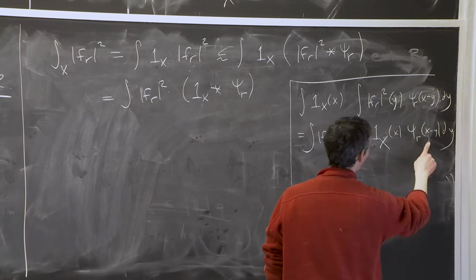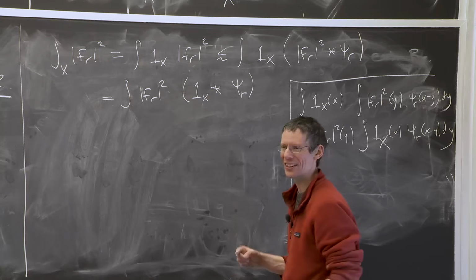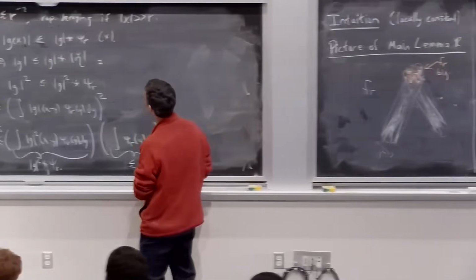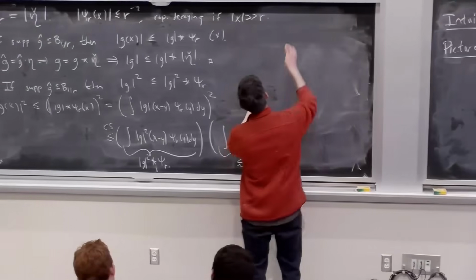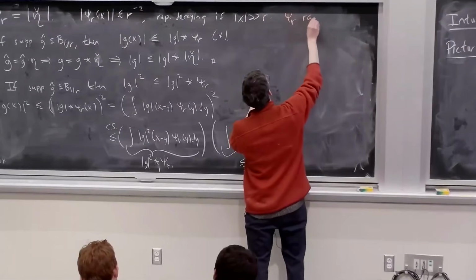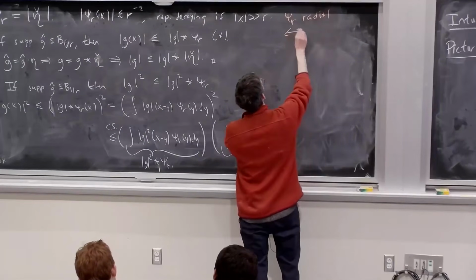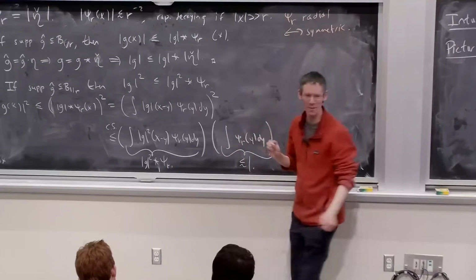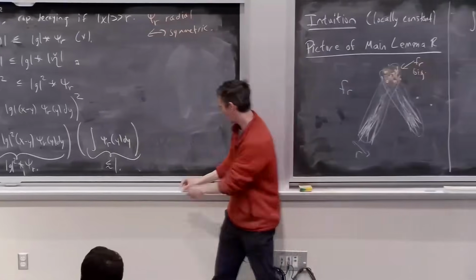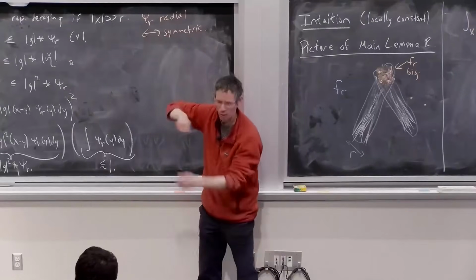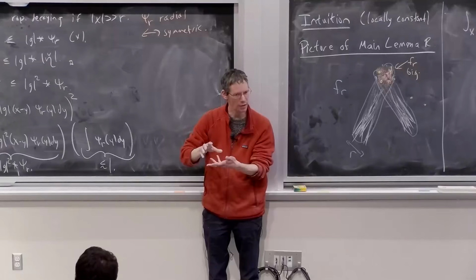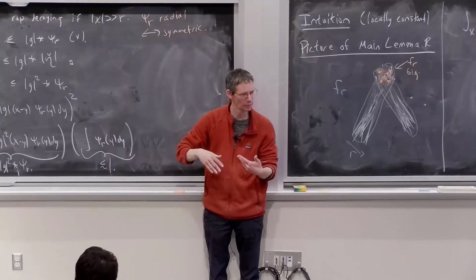It actually reminds me that there's a little something else that's helpful to say about CR. You can also add here that CR is radial. It implies that it's symmetric. I should probably have mentioned that earlier in my plan. The reason you can do that, remember CR was the Fourier transform of some bump function eta. If your bump function eta is radial, its Fourier transform will be radial.